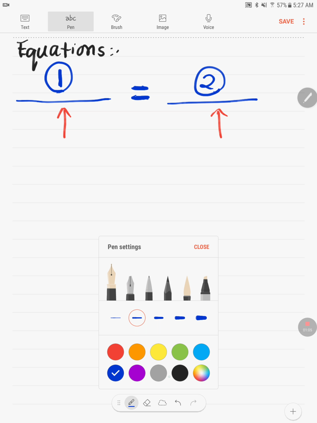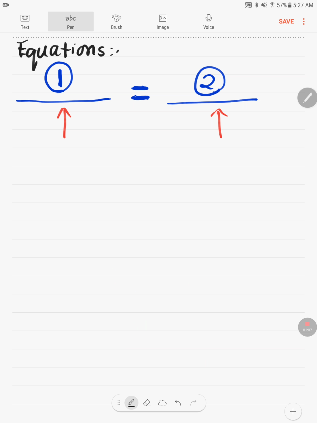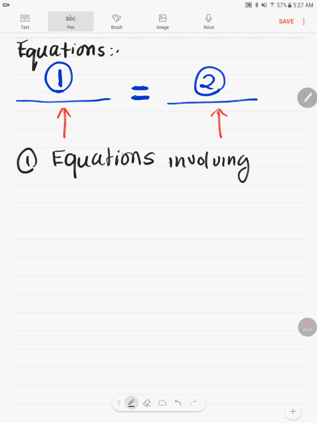Now let's start with equations involving a polynomial with degree 1. So that's the first one, equations involving x to the first power.